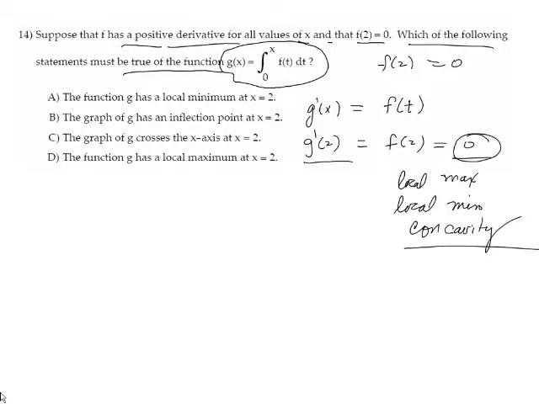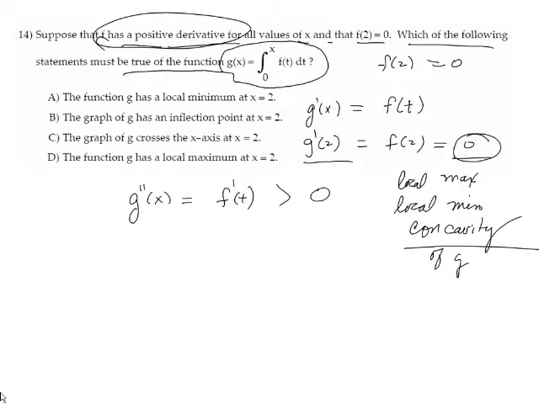To find the concavity of g, we need to know the second derivative. Well, g double prime of x would be just f prime of t. And we're told that f has a positive derivative for all values of x. So f prime is then more than 0.